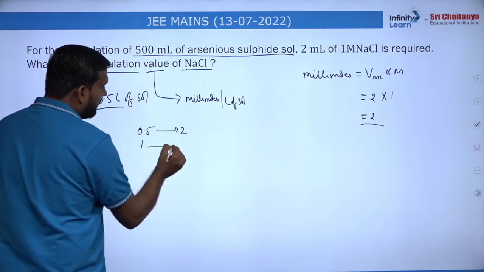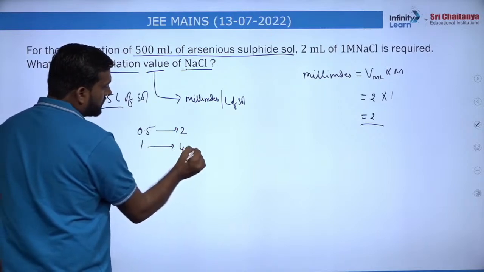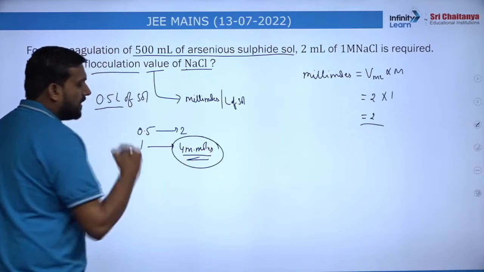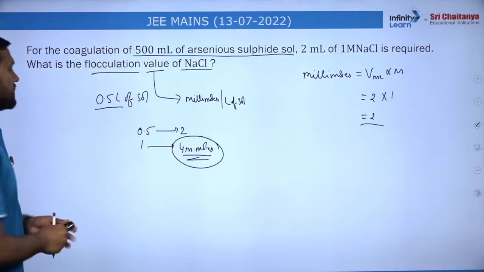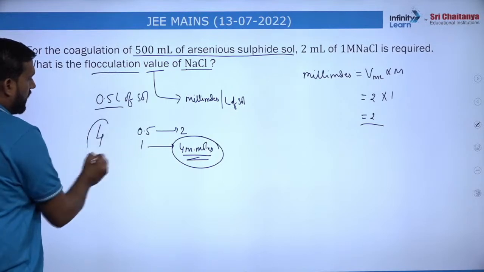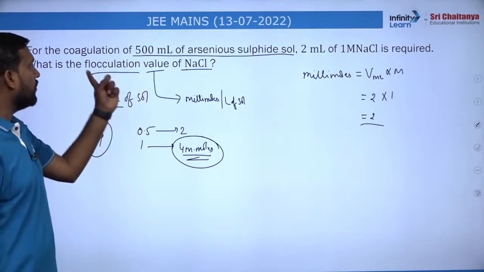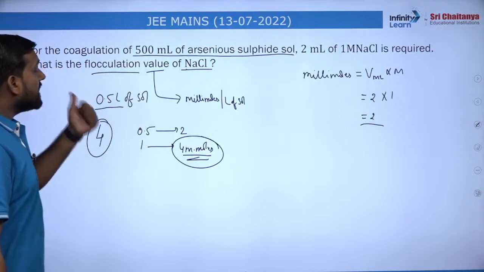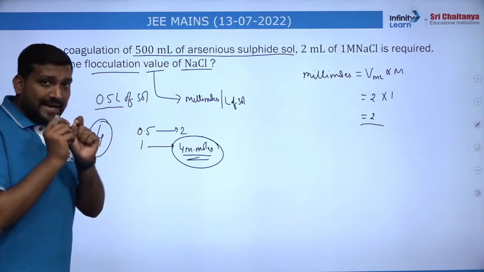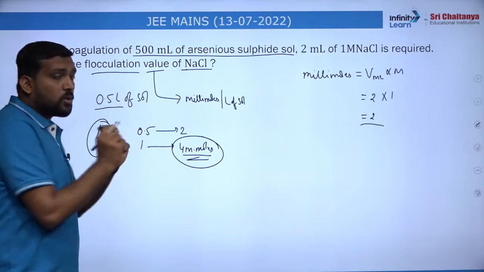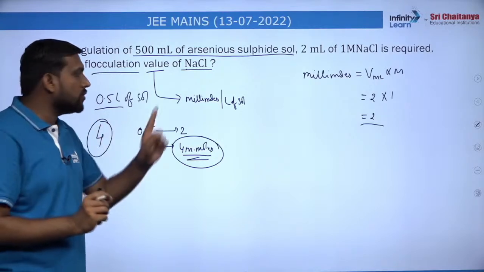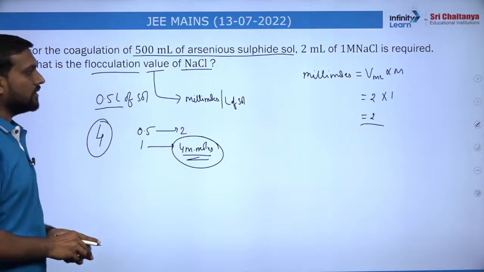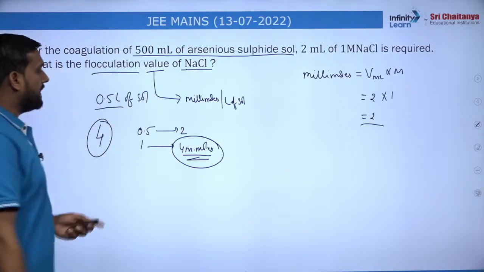So 1 liter will require 4 millimoles. This will be your flocculating value, because 1 liter requires 4 millimoles. That's why the correct answer for this question will be 4. So everything lies in the definition of the flocculating value, which is the millimoles of the flocculating reagent required per liter of sol to coagulate. You can easily find the solution using this. So the correct answer is 4.